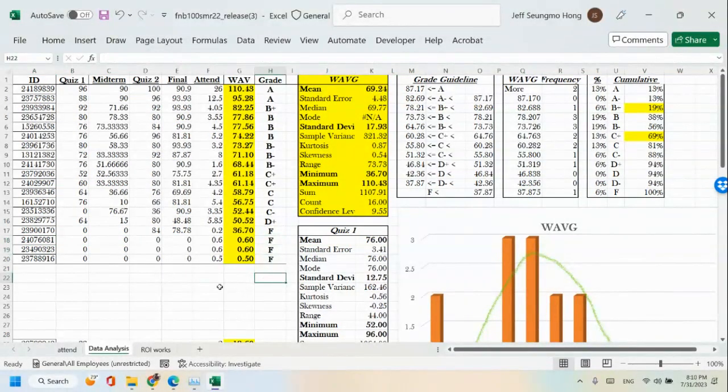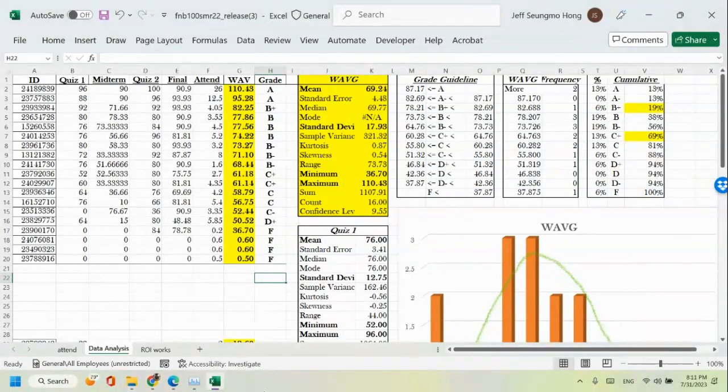After calculating this, I checked with CUniverse to see if people have dropped out. Some people have. If these people dropped out, I give WU or W or WD depending on it. If they actually took the process of withdrawing from the class, W will automatically appear in their CUniverse.